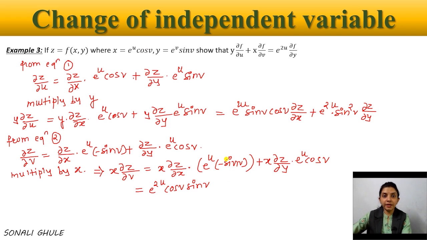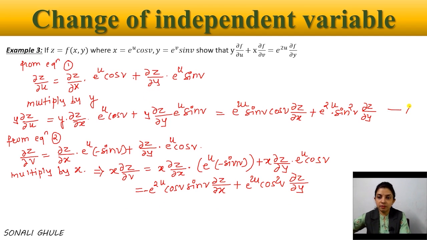But this is a negative term, so this will be minus, z with respect to x, plus if I put x is equal to this value e to the power u cos v, it will be e to the power 2u cos v into cos v, cos square v dou z by dou y. Okay. Now see, let's say this is our equation A and this is our equation B.